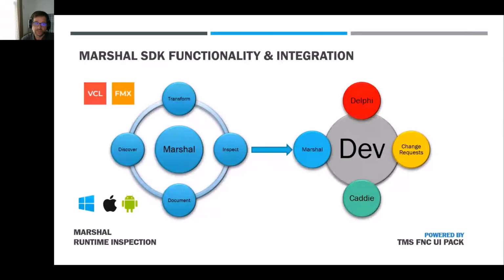And overall, I designed Marshal to be a very flexible integration into existing development. You can go straight from defect to code, meaning you're inspecting in Marshal and you're right away reflecting your change in Delphi, or you can go to a more formalized process where you're inspecting in Marshal, you're using Caddy to review the offline sessions and gather details to support a change request.